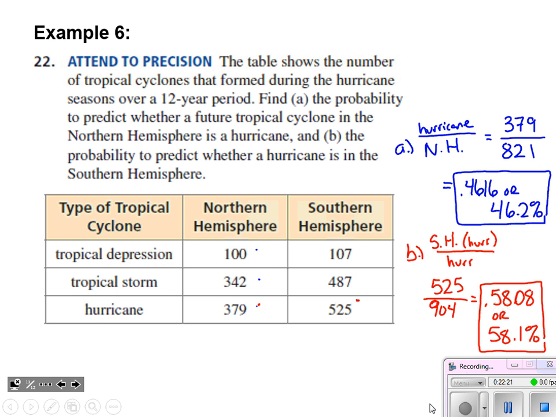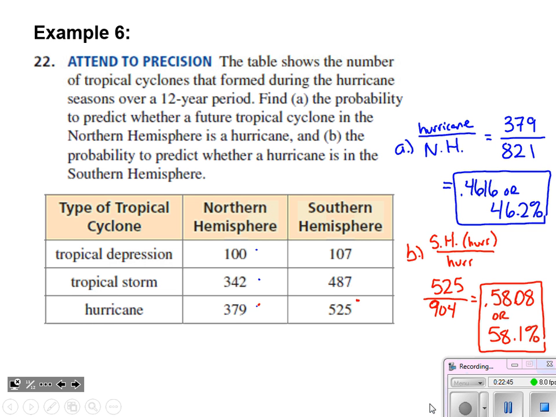One of the common things we talk about happening in word problems is that students will just try and mash the numbers together without reading the problem carefully. You can see, looking at the table and the little marks that I've made in there, we didn't even touch on tropical depressions in the southern hemisphere or tropical storms in the southern hemisphere. In the first part, we didn't look at anything in the southern hemisphere. So we want to choose the data that we are specifically trying to analyze.